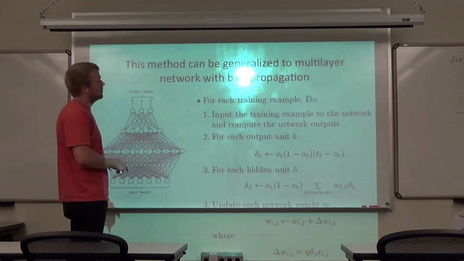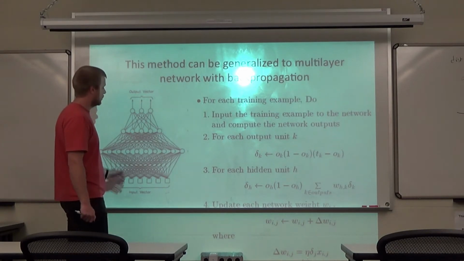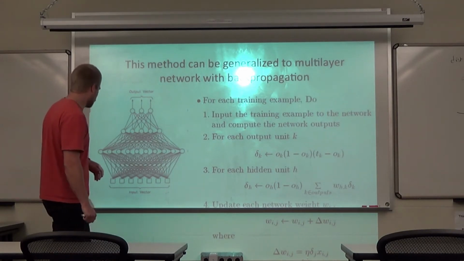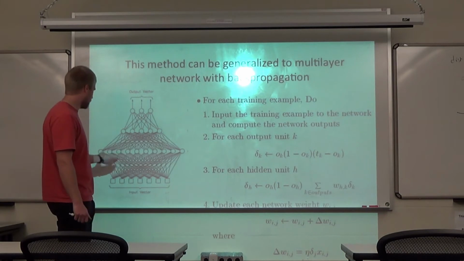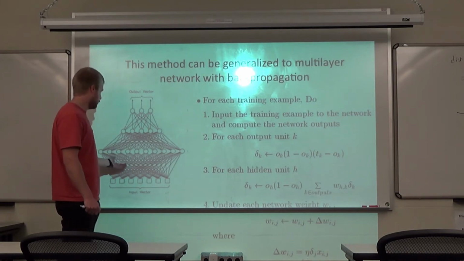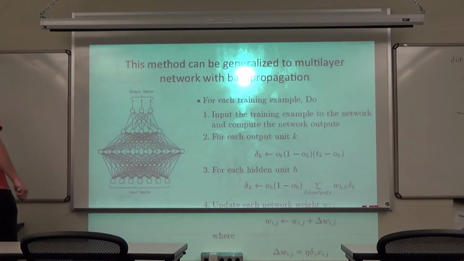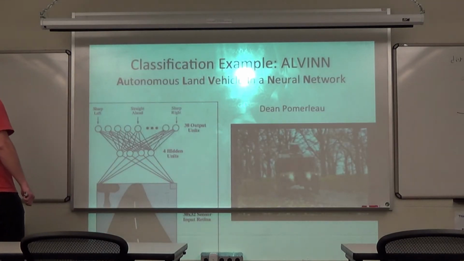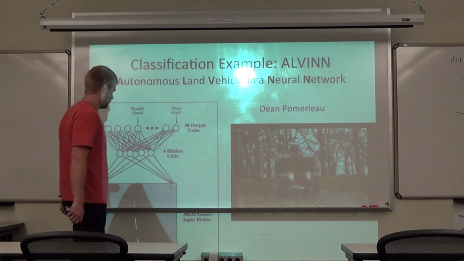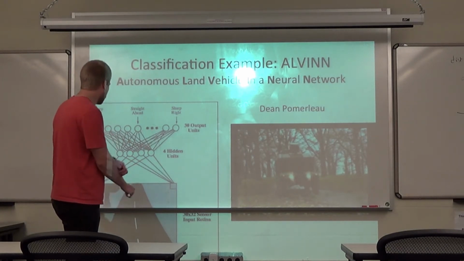Okay, so this method can be generalized to a multi-layer network with backpropagation. You can compute the error with respect to any of these weights and then update them accordingly. These things are pretty powerful.